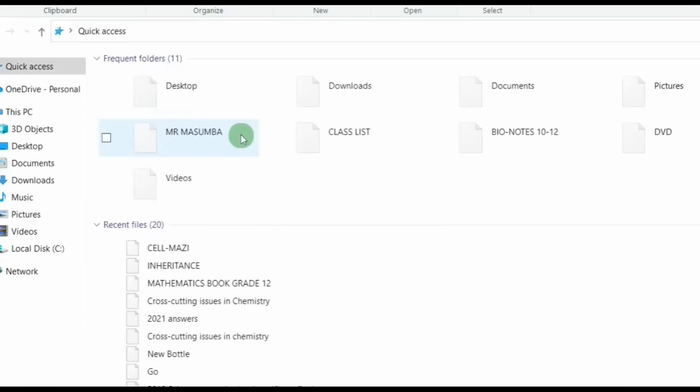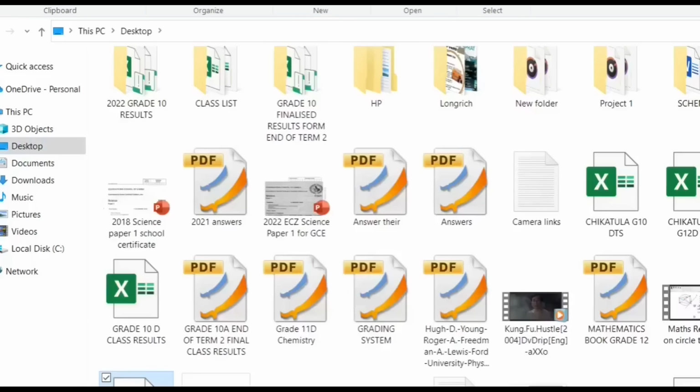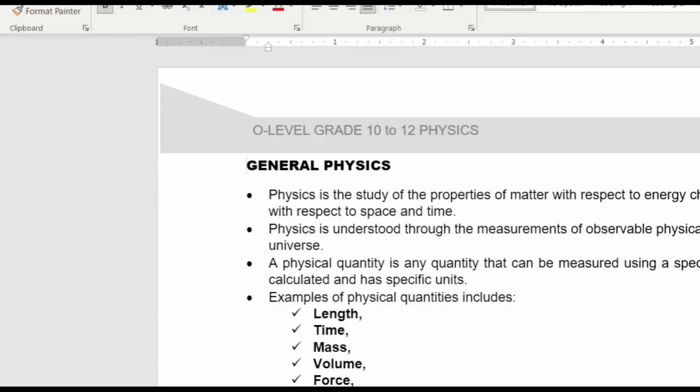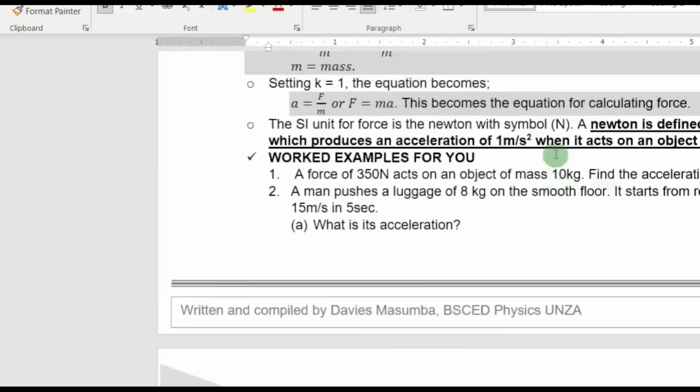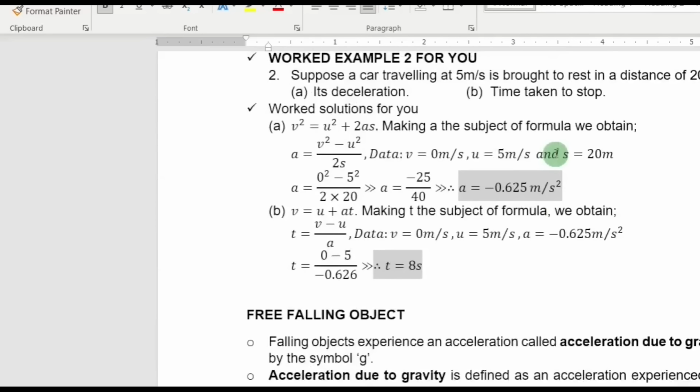Maybe let me get a book of mine. Where is it? Here it is. So I just want to show you this formula. Okay, so the formula is somewhere here. Let me just scroll a little bit up.